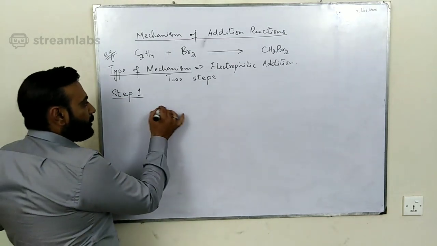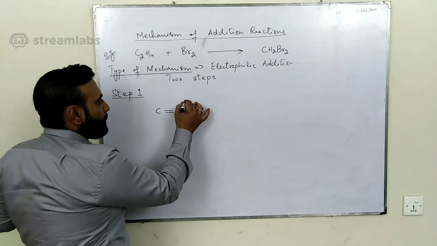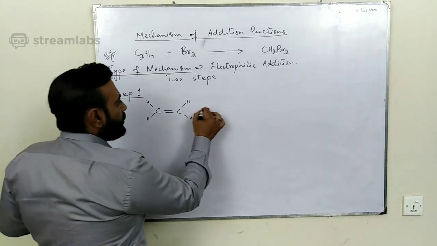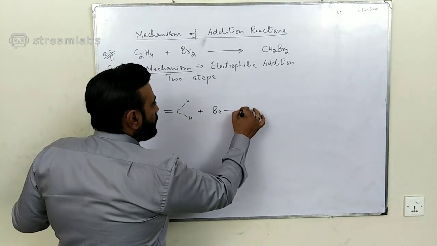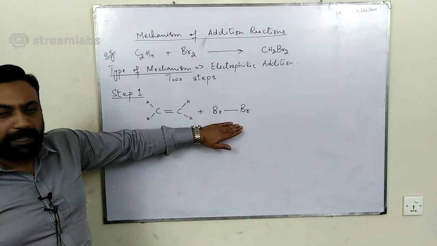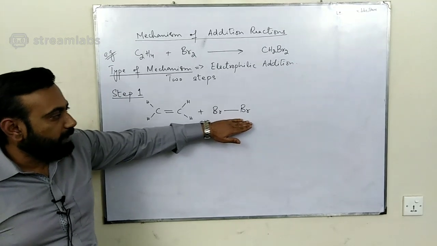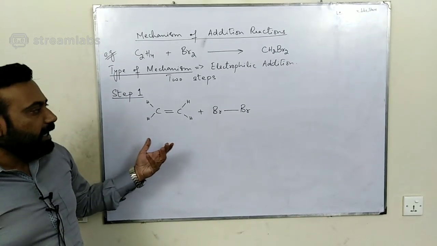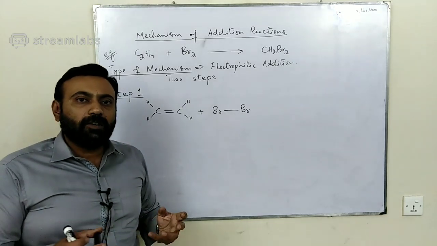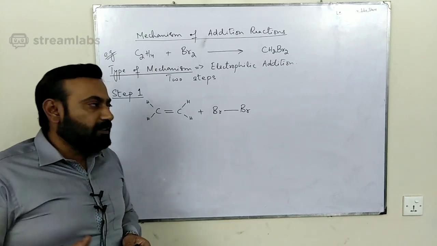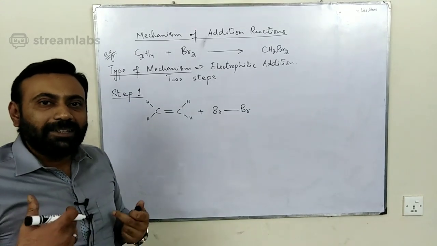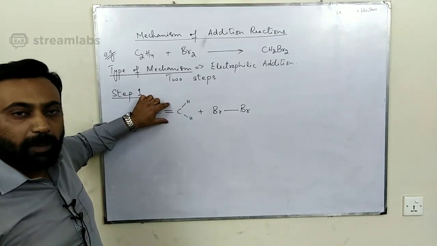In step 1, a heterolytic fission starts to take place in this molecule which is to be added to the alkene, and that heterolytic fission is caused sometimes due to the polarity of the molecule itself, and in some cases, like in non-polar molecules like this one, the polarity is introduced due to the presence of pi electrons.